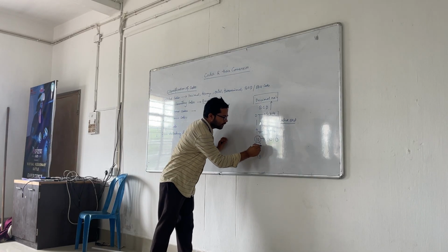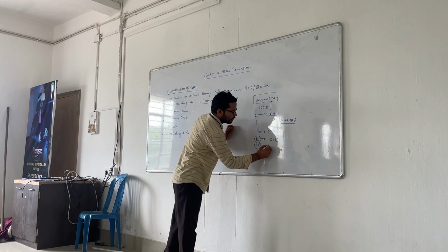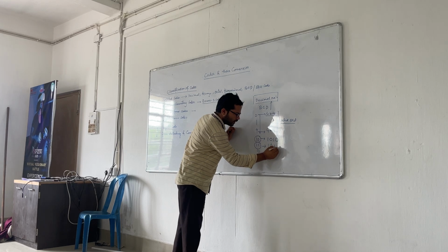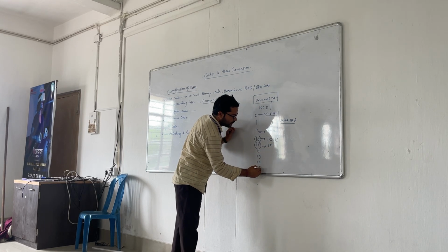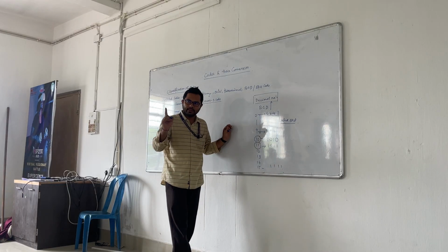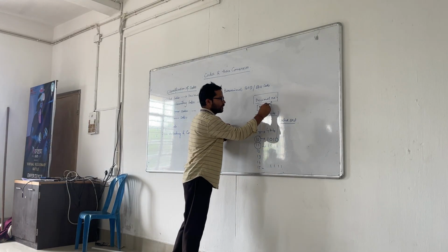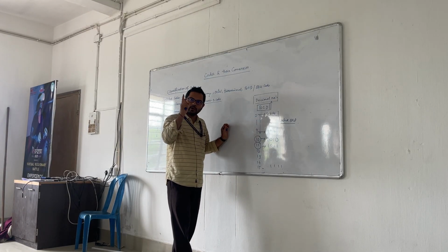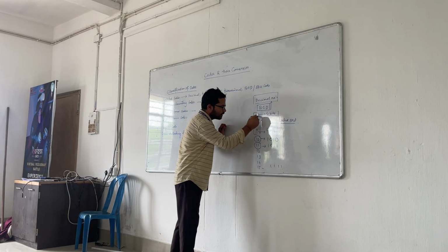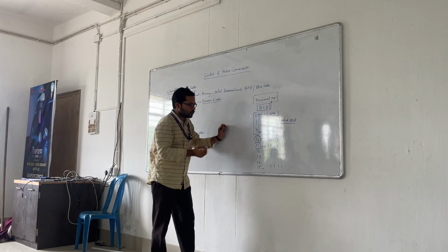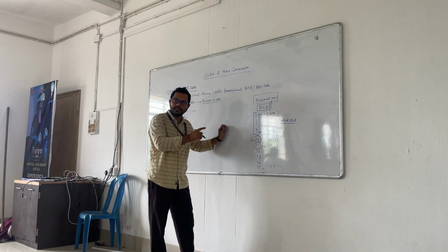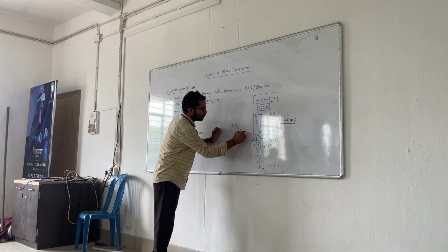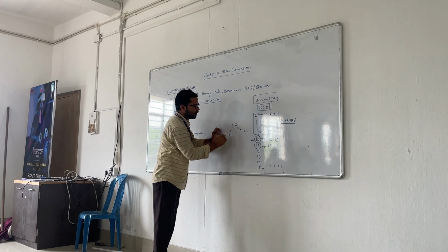Similarly, 11 is 1011, and 15 is 1111. But when you are dealing with BCD numbers, they are a 4-bit representation of each number in the category 0 to 9. So while you are dealing with 10 in BCD, you have to represent 1 with the help of 4 bits and 0 with the help of 4 bits. Means what?